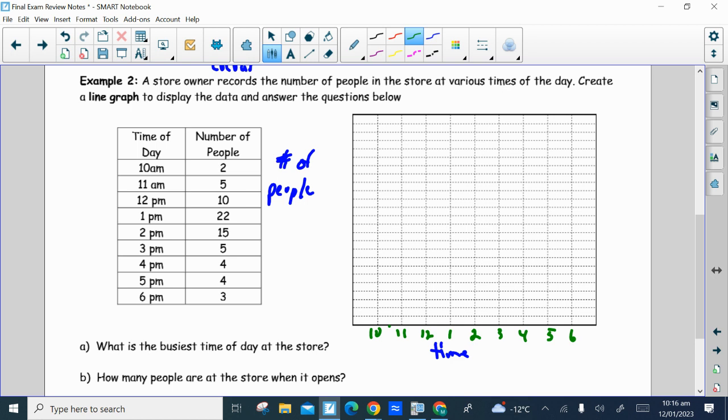And for the number of people, I have to go up to at least 22 because that is the highest number in this table. So let's see if I go up by ones, starting at 0, can I get to 22? 1, 2, 3, 4, 5, 6, 7, 8, 9, 10, 11. Yeah, I can. All right, I went less than halfway up to get to 11, which means I can go all the way up to 22.